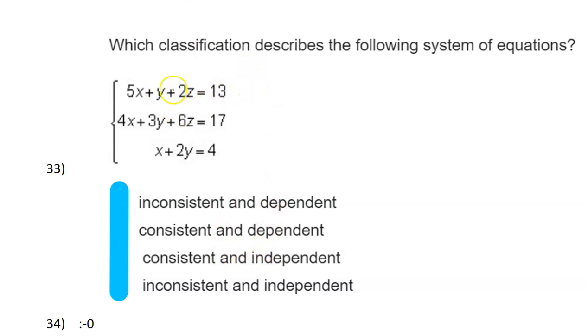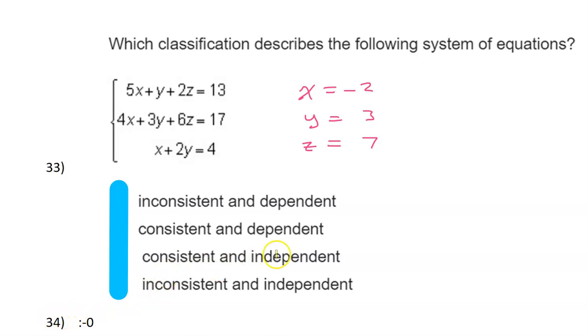The most common case is you will solve a system like this and you will get one solution like x equals -2, y equals 3, and z equals 7. When you get one solution like this, that is called consistent and independent.